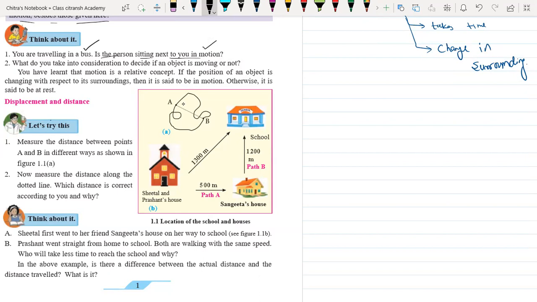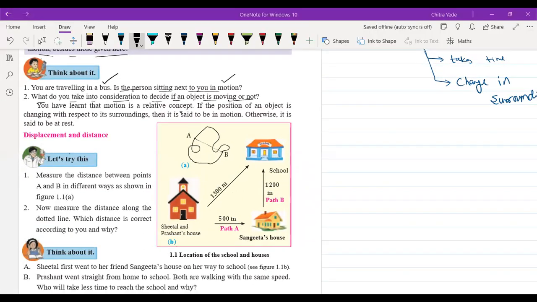Next. What do you take into consideration to decide if an object is moving or not? What do you consider?